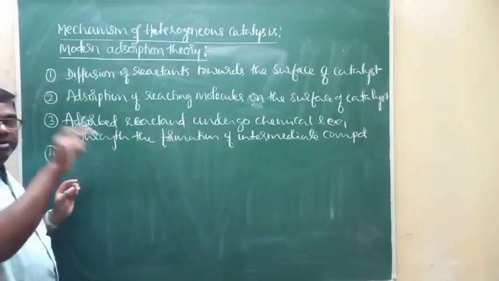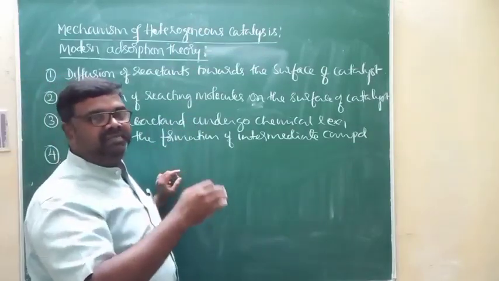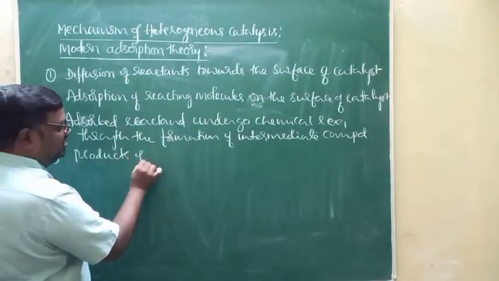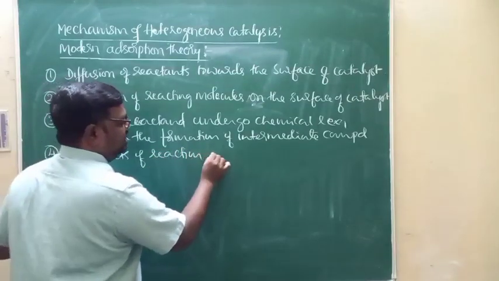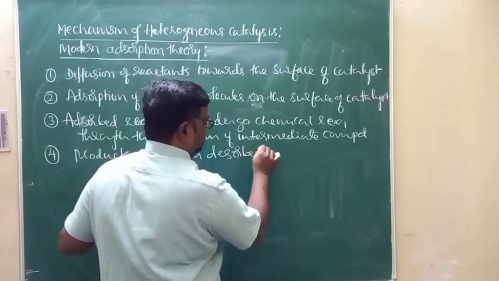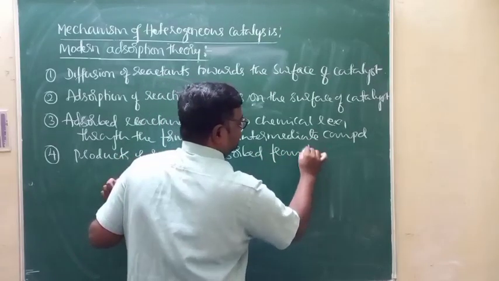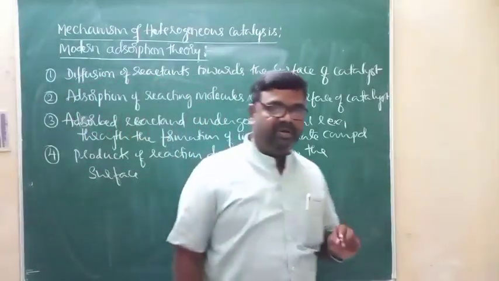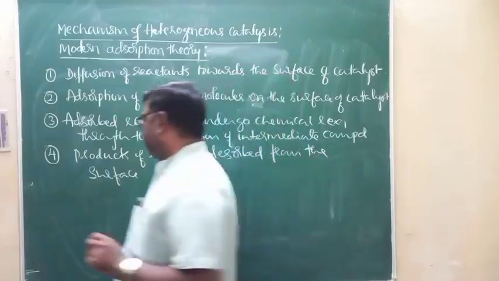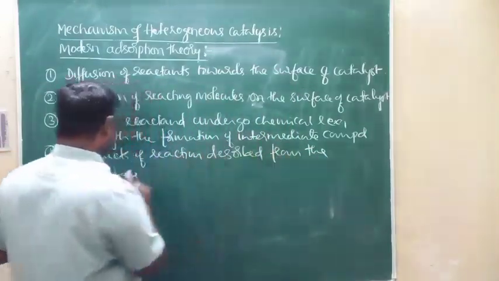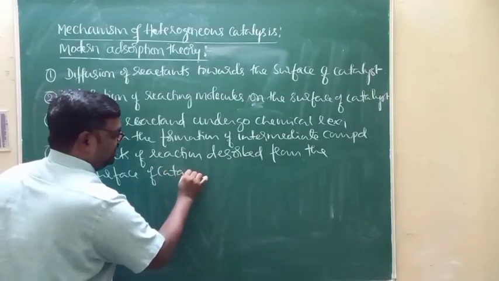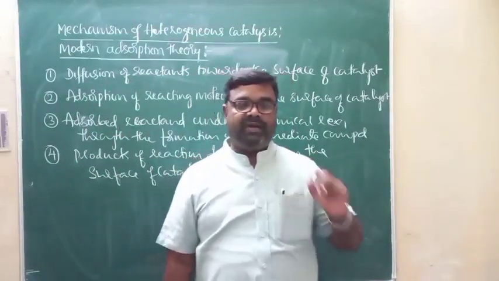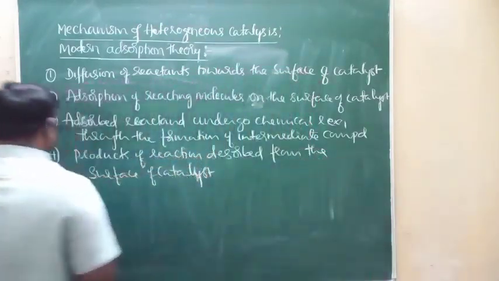Therefore, the products formed during chemical reaction get dissolved from the surface of catalyst, so that a new surface is made available for the adsorption of fresh reacting molecules. So that is what we call the fourth step.